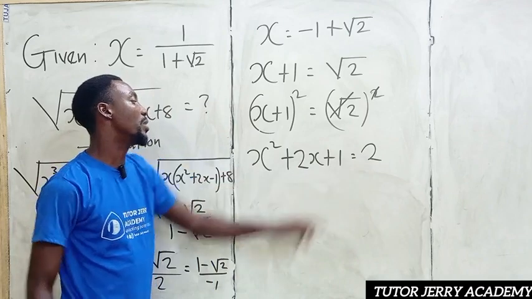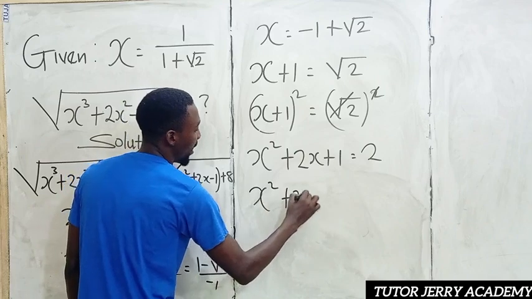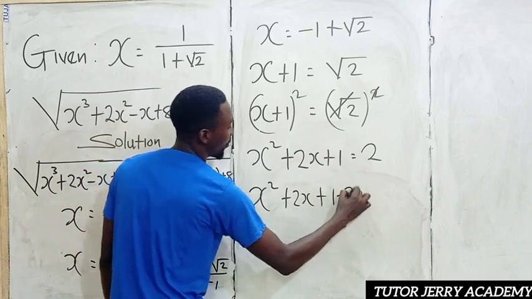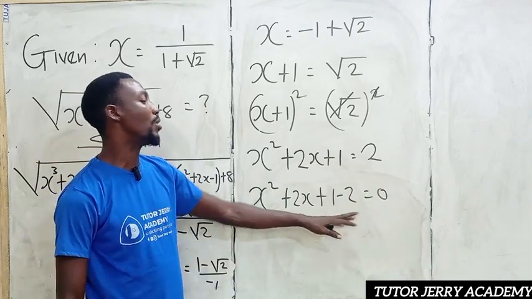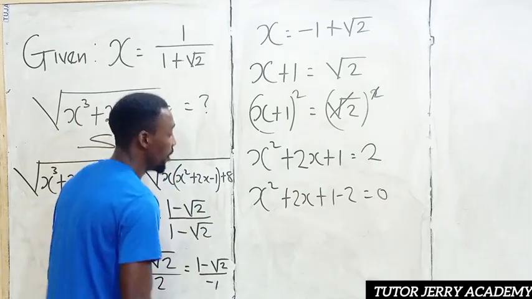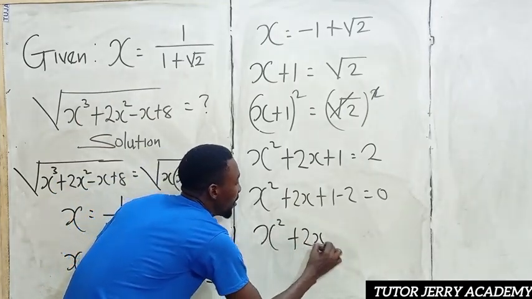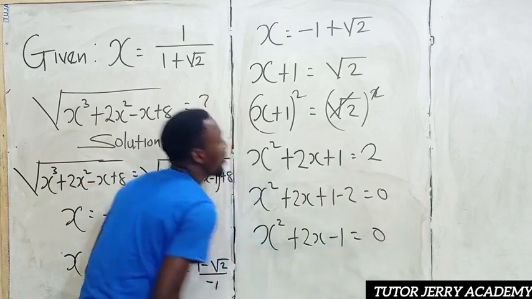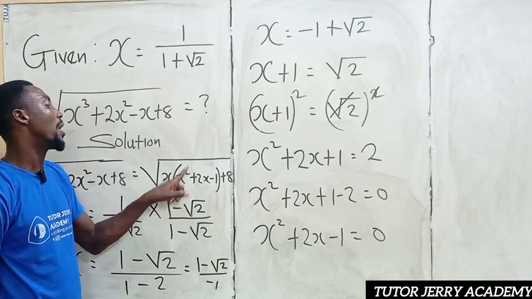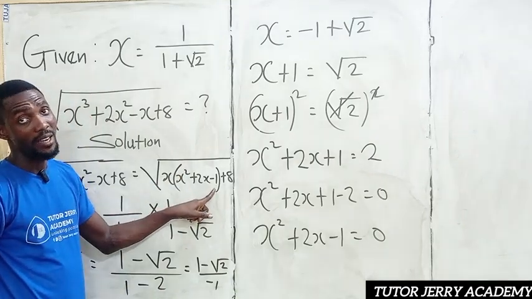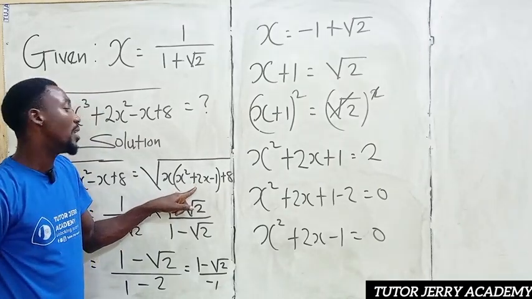If I bring back this 2 here, I'm going to have x squared plus 2x plus 1 minus 2 equal to 0. And you agree with me that 1 minus 2 is minus 1. So we can write this as x squared plus 2x minus 1 equal to 0. If you come back here, you see that we have x squared plus 2x minus 1 here, so it shows that everything is 0. So we substitute 0 here.